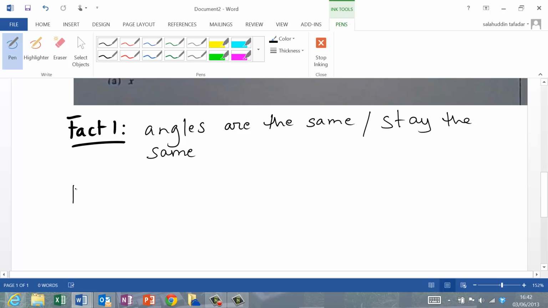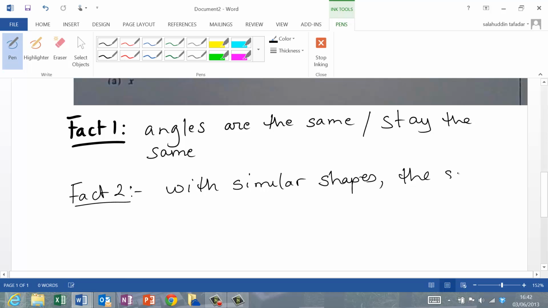Fact number two. With similar shapes, the sides can have different lengths.